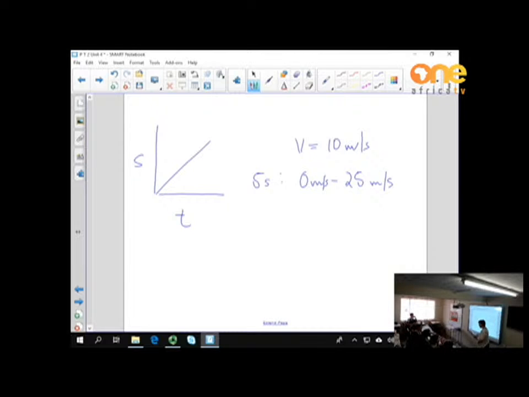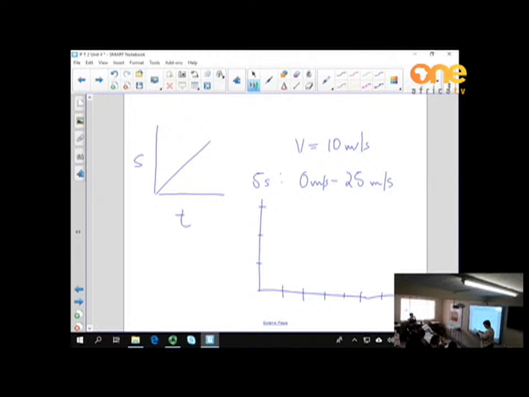Okay, so the motion of the car, they give you the graph grid. They've got 10, 20, 30, and over here we've got 1, 2, 3, 4, 5, 6, 7.